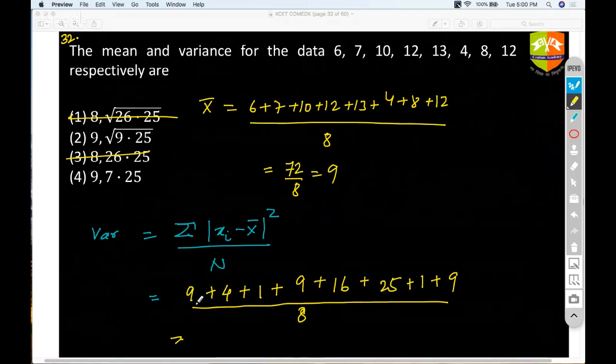Okay, let's add this up. So 13, 14, and 14 plus 9 is 23. 23 plus 16 is 39. 39, and this is going to be 64. 64 plus 10 is going to be 74. 74 by 8. Is that what you're getting? 74 by 8?